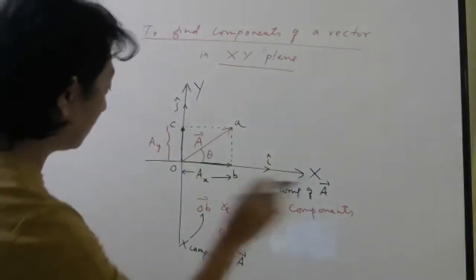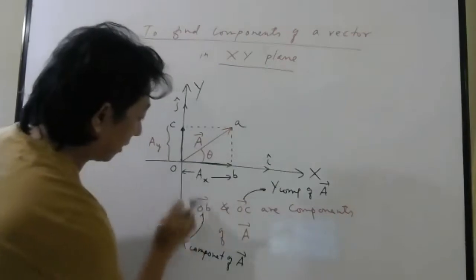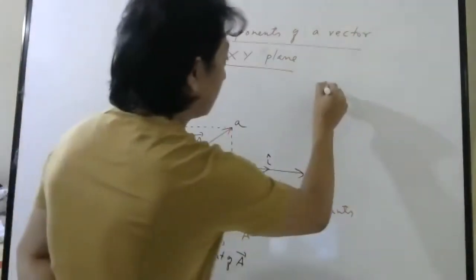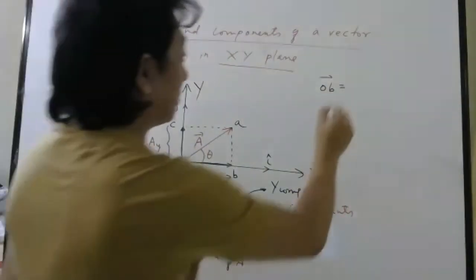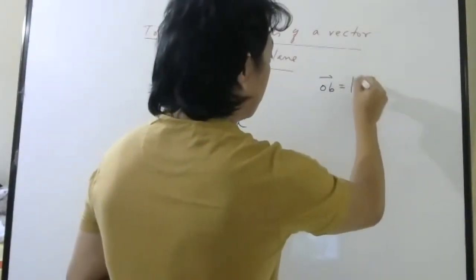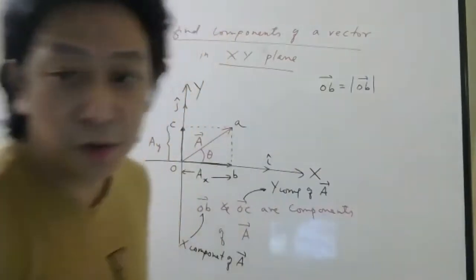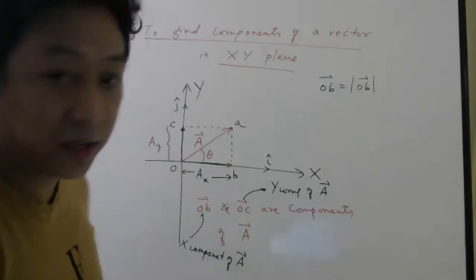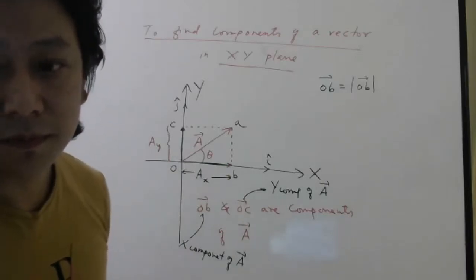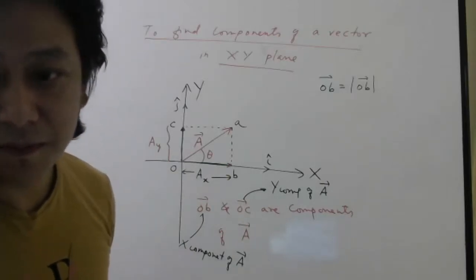Now, listen carefully. This OB bar vector, I can write this as magnitude times which unit vector? I cap or j cap?